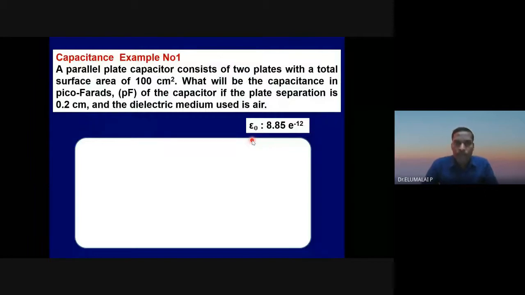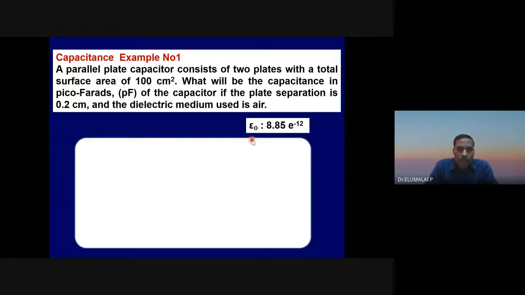So I have two or three numerical problems. I hope you have seen this. If you have calculators, pen, pencil, paper, please take down and try to work out a simple numerical problem based on the formula C is equal to epsilon 0 epsilon A by D. A parallel plate capacitor consists of two plates with a total surface area of 100 centimeter square.